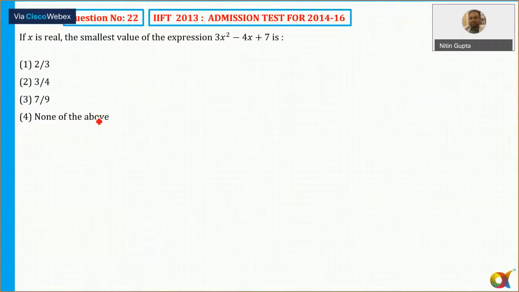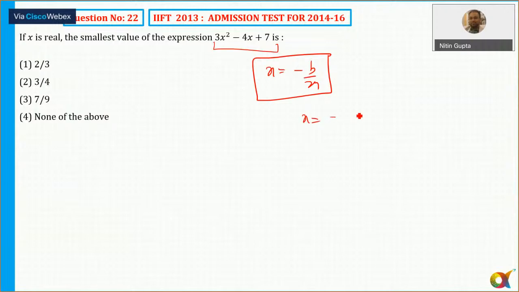Another very easy question. If x is real, the smallest value of the expression, we all know the minimum value is equal to what? Convert it into a perfect square, or do differentiation, do it by any method, all the methods are there. And we know that the minimum value will always exist at x equal to minus b by 2a.